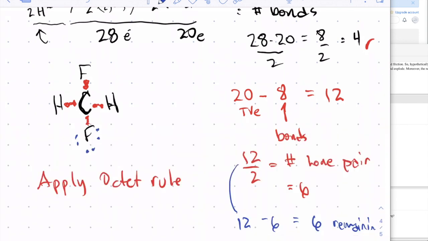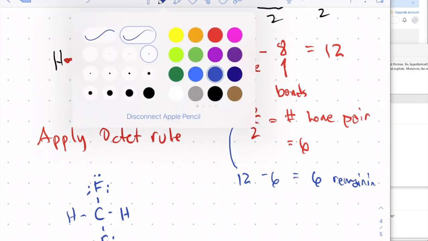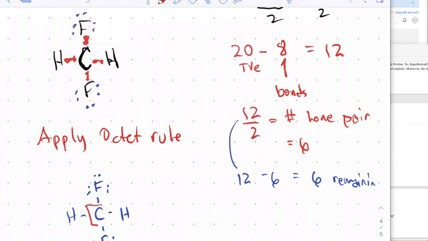And so that will go towards this fluorine right here. So what you have is a Lewis structure that looks like this. This would be your Lewis structure. Okay? If you take a look at this particular chemical, CH2F2, it has 3 lone pairs on each fluorine. The central atom is carbon.